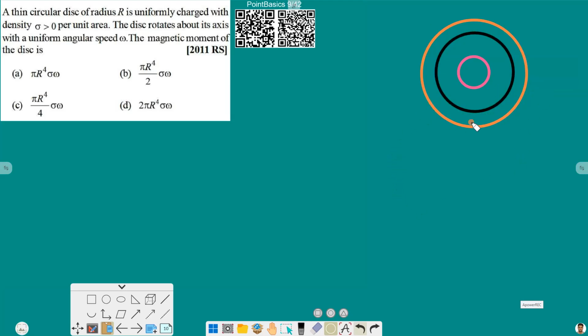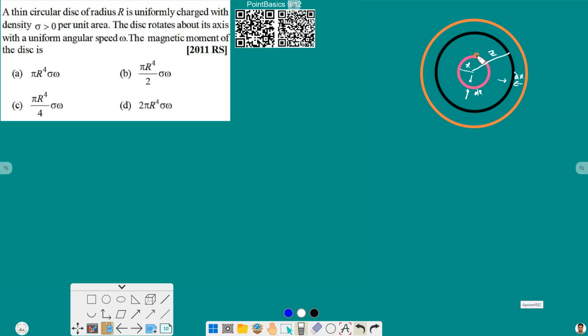So we have an orange disk, and on that disk we consider two thin small elements. Now assume the thickness of both of these is dx. For this also dx and for this also dx. And the distance of this one is, we can say, x, and the distance of this one is z.